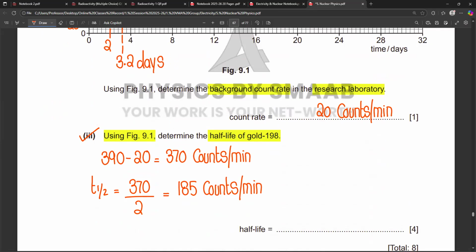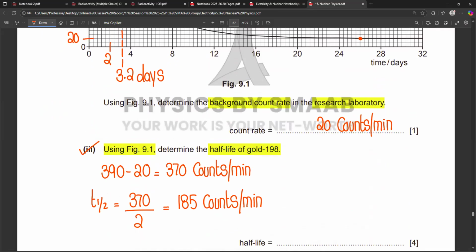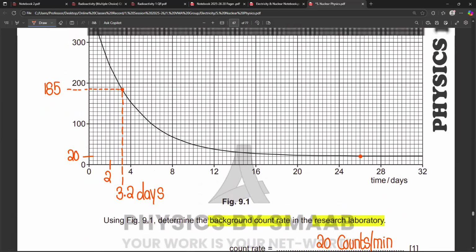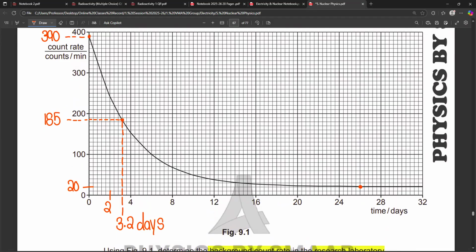Okay, so this is the value without the background radiation. But again, just like in previous questions, we discussed that because of the background radiation, the detector always detects that background radiation, right? So in your final answer, you have to add the background radiation. So this is not your final answer because this is without the background radiation.